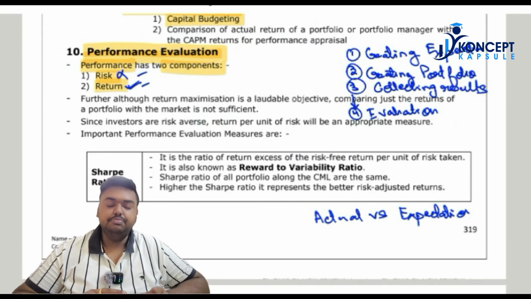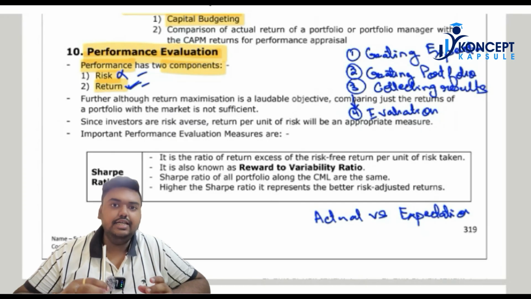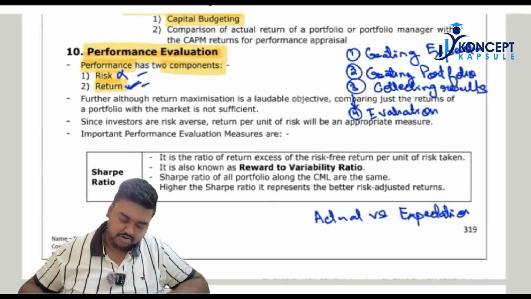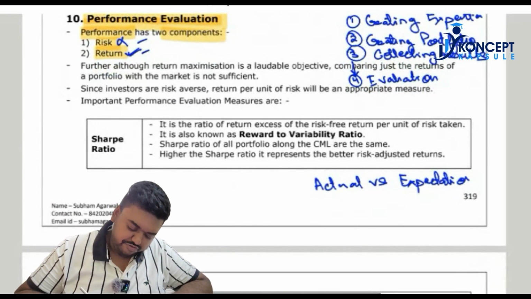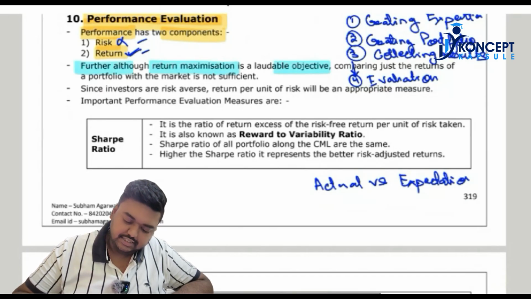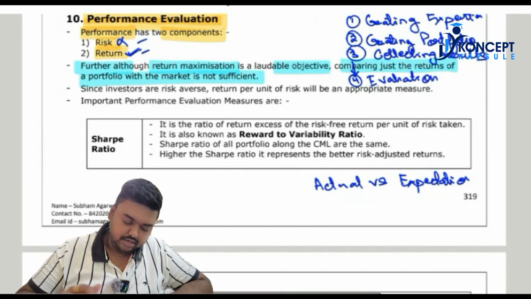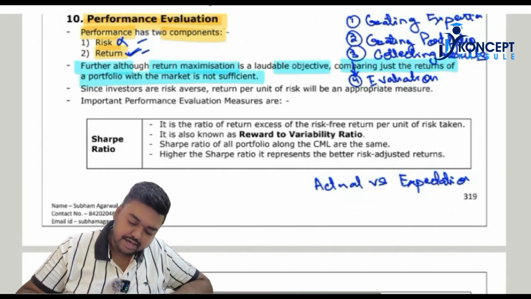So it is important to look at the entire concept of performance holistically, and thus we have to see both risk and return. Okay. Further, along with that, return maximization is a laudable objective. Comparing just the return of a portfolio with the market is not sufficient. Very correct. See, what it is saying is that comparing the returns alone is not sufficient.